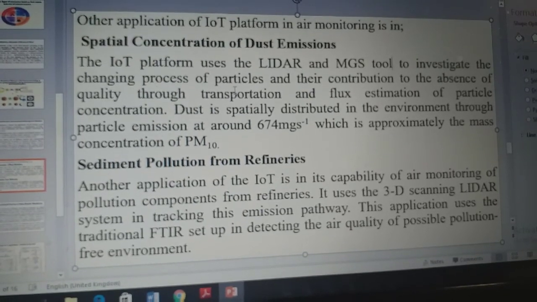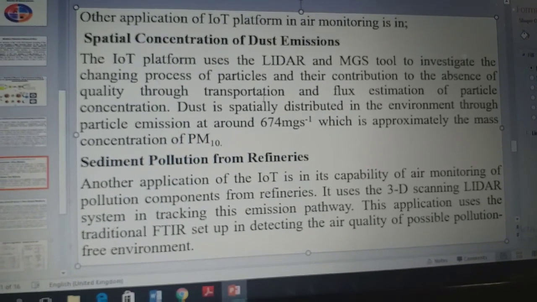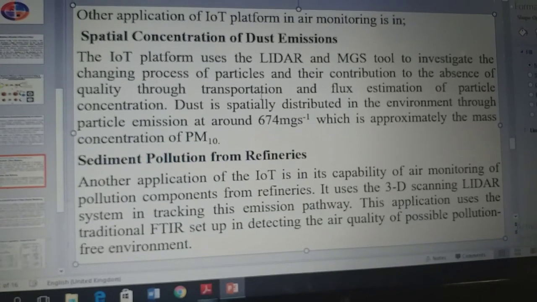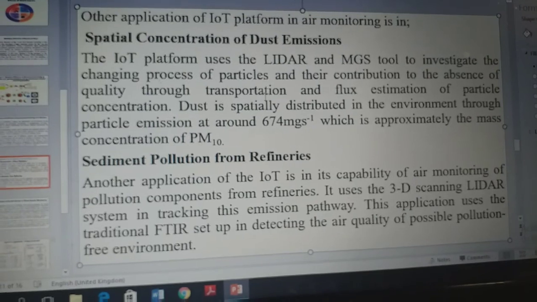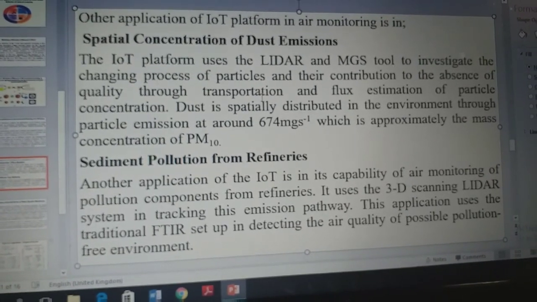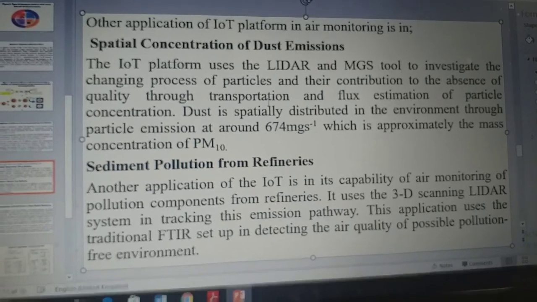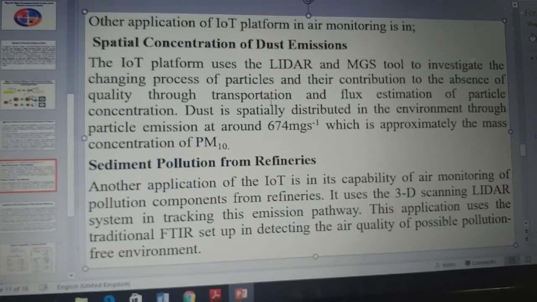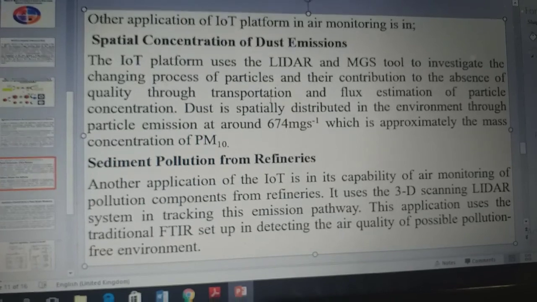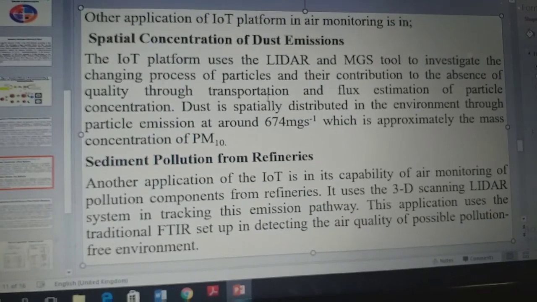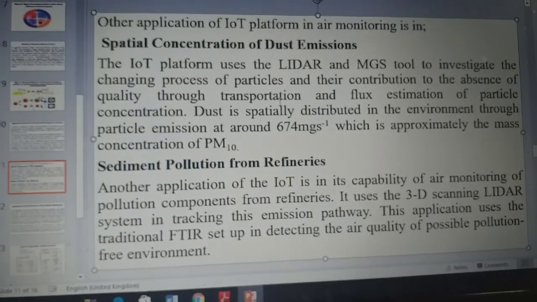So it basically estimates the particle concentration, especially for particulate matter: the rate at which it is present, the transport system, the flux density and all of that.